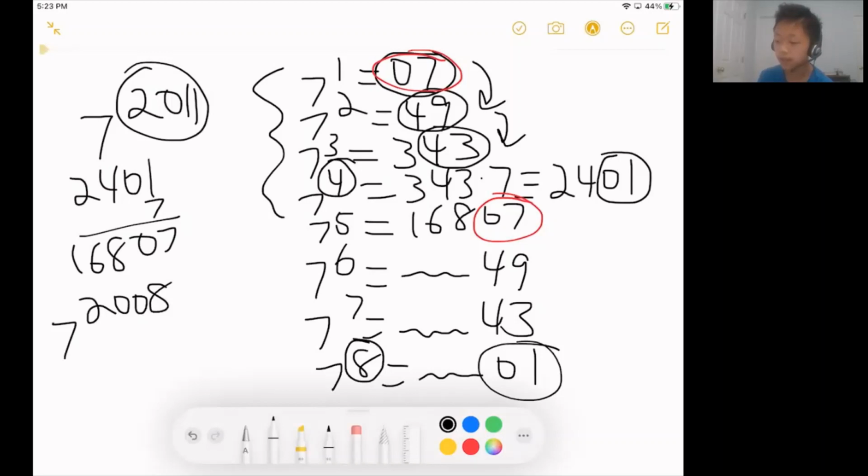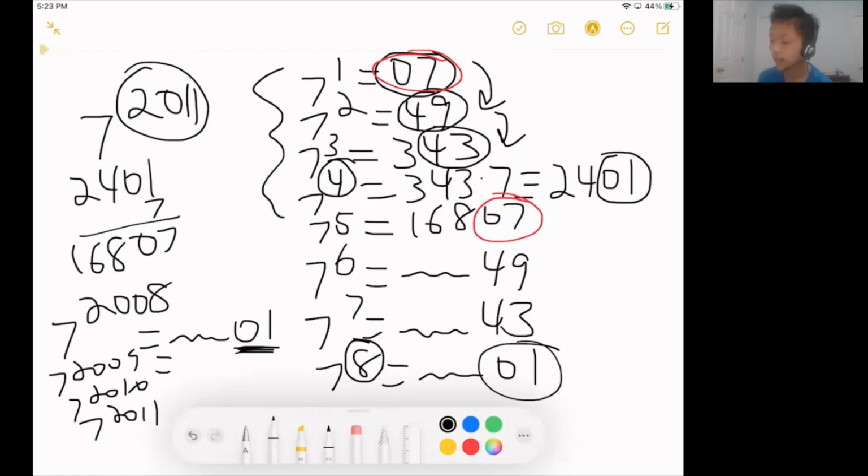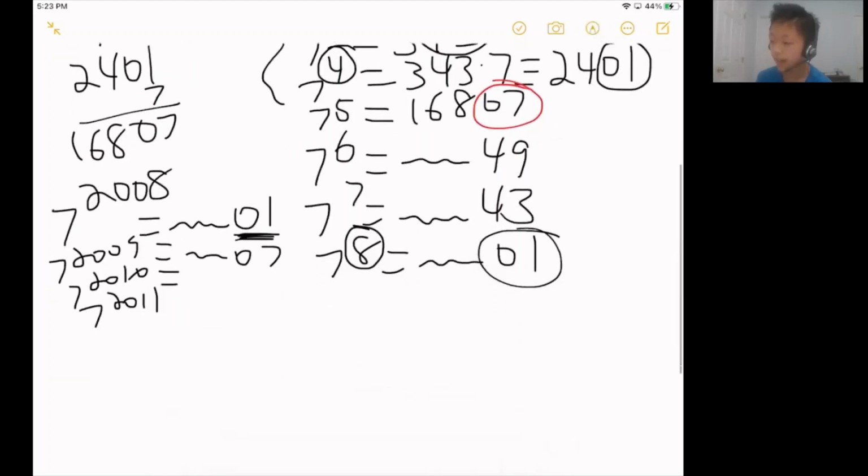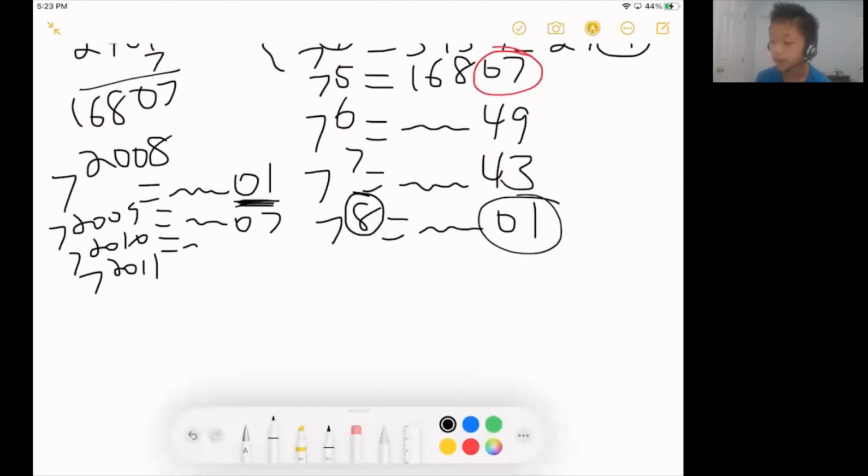So 7 to the 2008 is going to be a bunch of digits and then end in 01. Then 7 to the 2009 is going to end in a bunch of digits and then 07. 7 to the 2010 is going to end in a bunch of digits and then 49. And 7 to the 2011 is going to end in a bunch of digits and then 43. We just continue the same pattern basically.